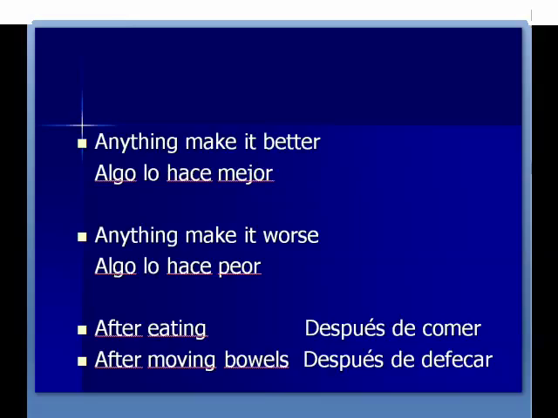After eating, después de comer. After moving bowels, después de defecar.